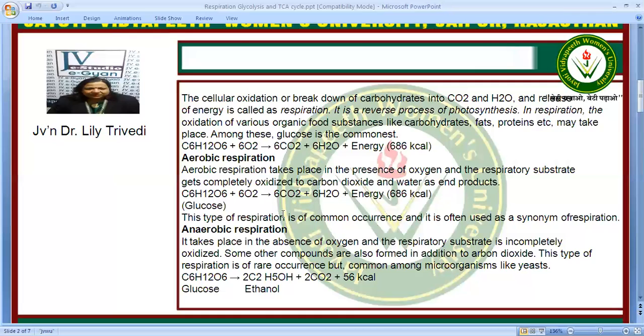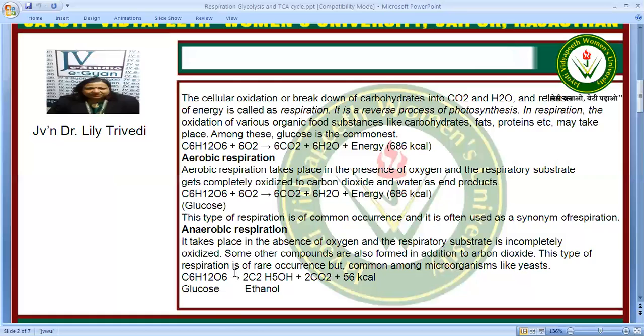The second is anaerobic respiration. It takes place in the absence of oxygen, where the respiratory substrate is incompletely oxidized. This respiration is of rare occurrence and it is common in microorganisms like yeast.